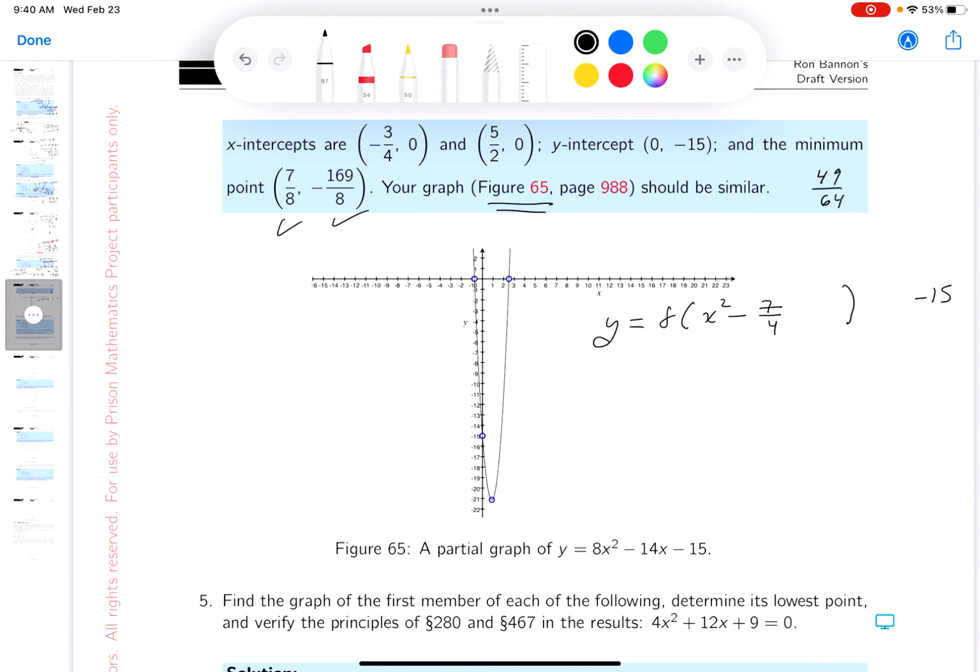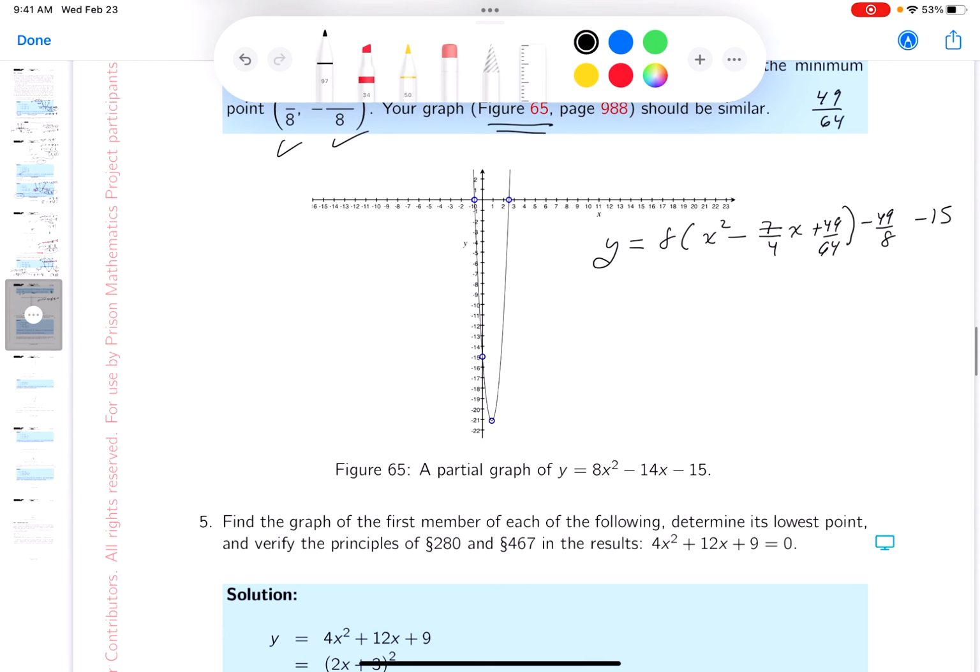So let me write that down. And I'm sorry, this is x. I'm going to add 49 over 64. I want to point out, I'm really not adding 49 over 64. I'm adding 49 over 8. So I got to subtract it. Minus 49 over 8. Well, I got some work to do. Let's write this down. Y equals 8.